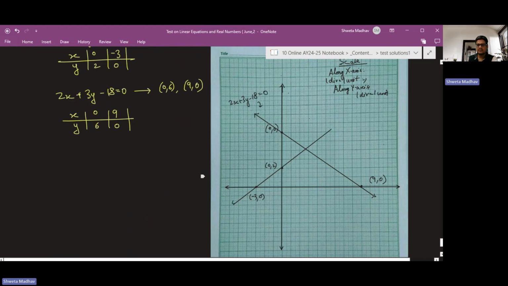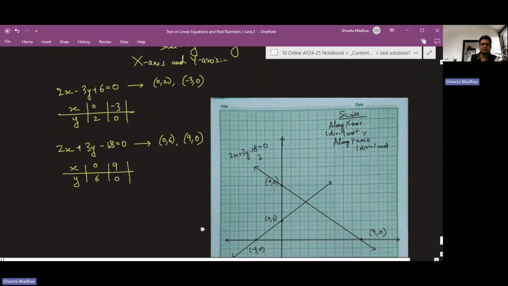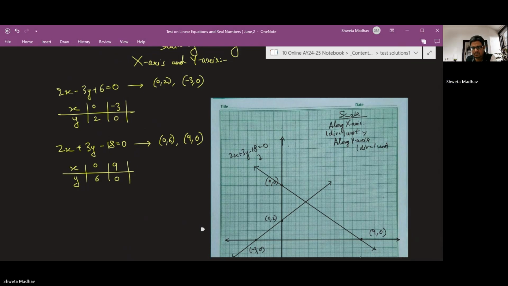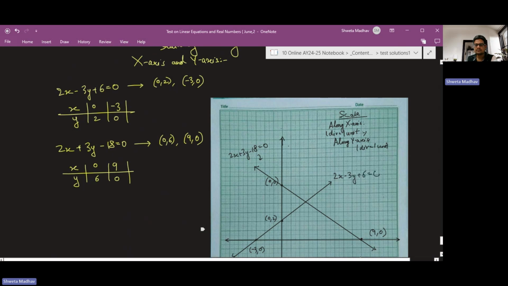And the equation of this line, which intersects the x-axis at minus 3, 0 and the y-axis at 0, 2, is 2x minus 3y plus 6 equal to 0.